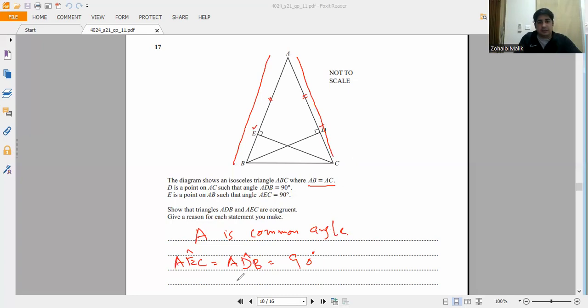So it means AB is equal to AC, which is given in the question. So they are satisfying this property, angle side.